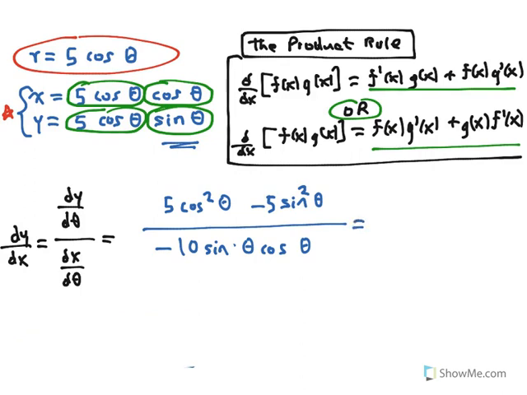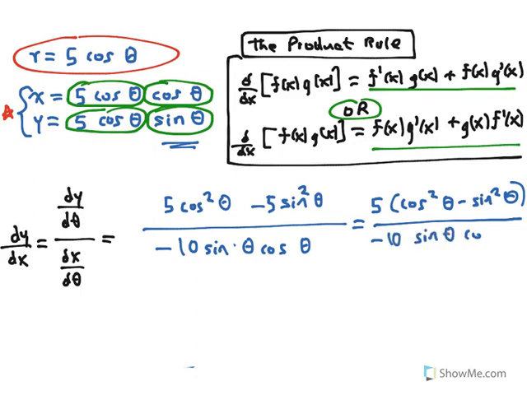Of course, you could simplify by factoring out a 5 from the numerator. And then in the denominator, you have negative 10 sine theta times cosine theta. And you can cancel the common factor of 5, leaving you with negative 1/2 times cosine squared theta minus sine squared theta.